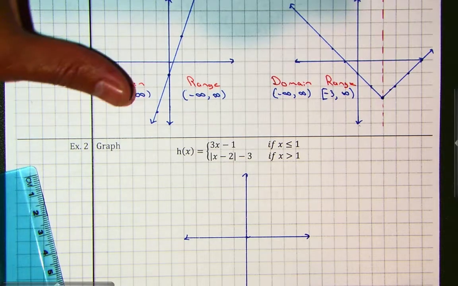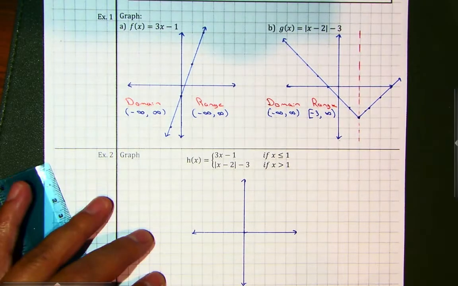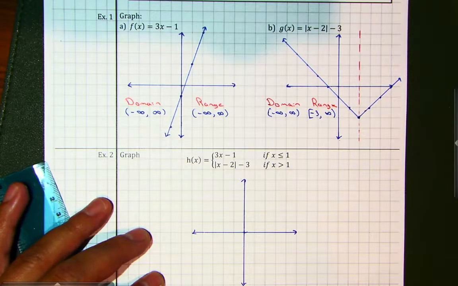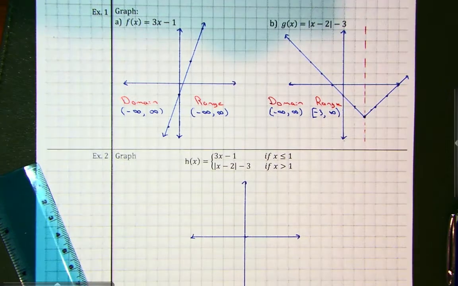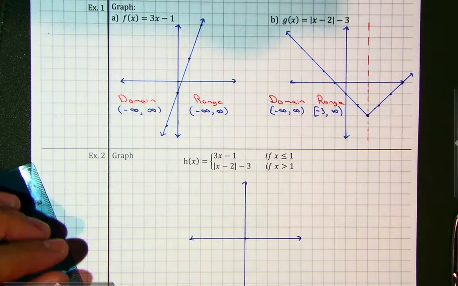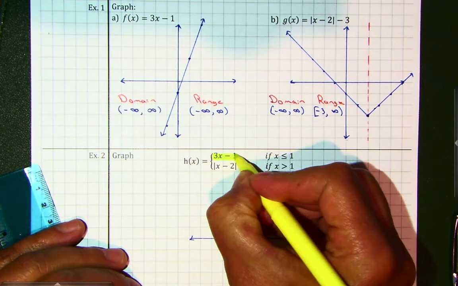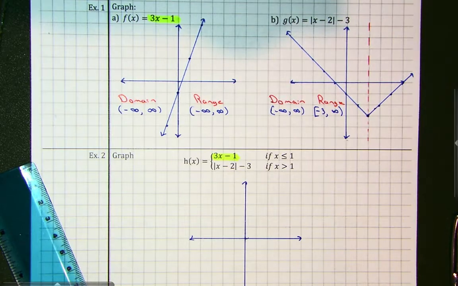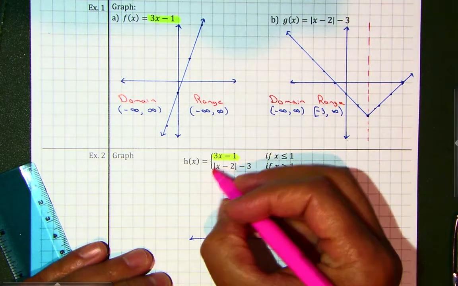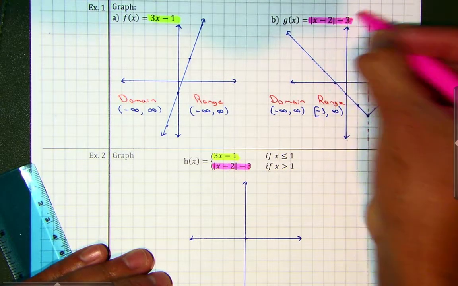And if you notice, this piecewise function is made up by two equations, two functions. And the first one is 3x minus 1, which is the one that we graphed above. The second one is absolute value of x minus 2 minus 3, which is the one that we graphed here.